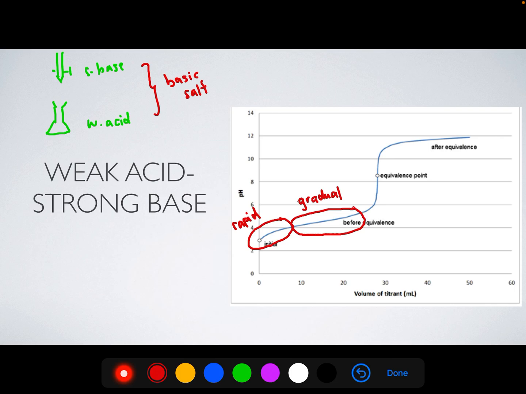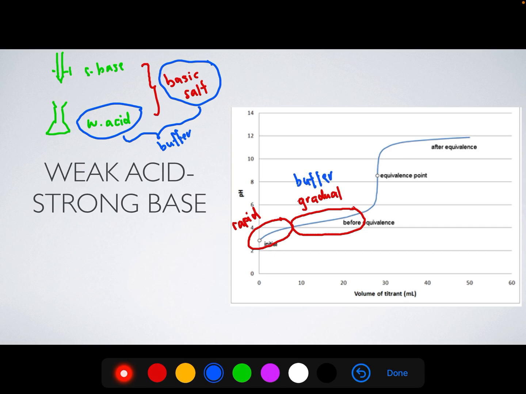So oleh kerana garam yang terhasil tu is basic salt, and then dia bercampur pula dengan kita punya weak acid, so sebenarnya kita telah create satu buffer system di situ. Okay, iaitu acidic buffer.